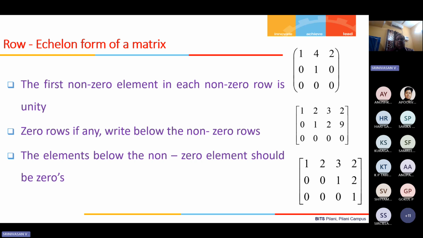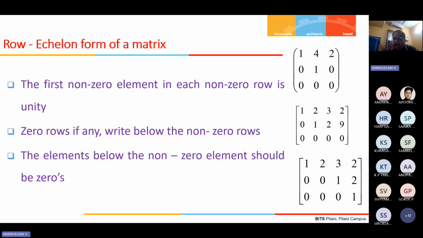Okay, see, the first non-zero element in each non-zero row is unity. So here are 3 rows. In each non-zero row, what do you mean by a non-zero row? What is meant by a zero row? Because that is going to be useful in finding the rank of a matrix. So here there are 3 rows, but there are only 2 non-zero rows.